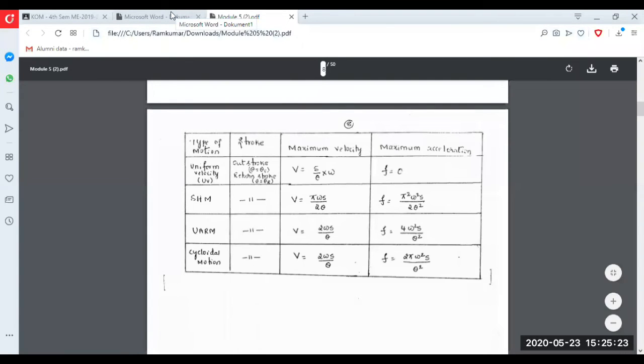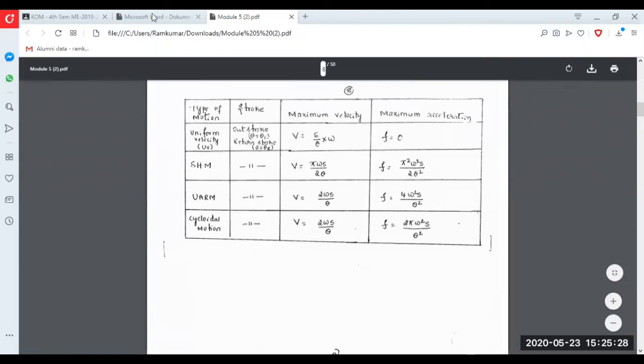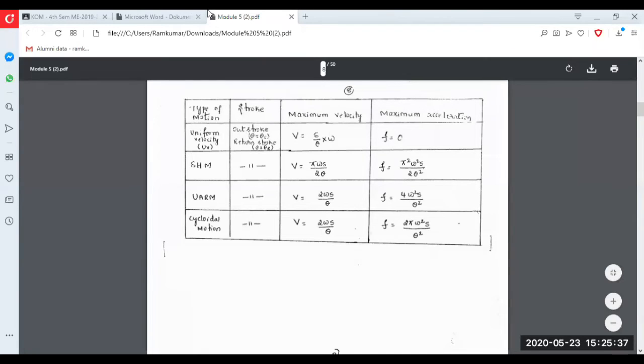Shall I continue? Doubts is there, you raise your hand. Any repetition you require, you raise your hand.